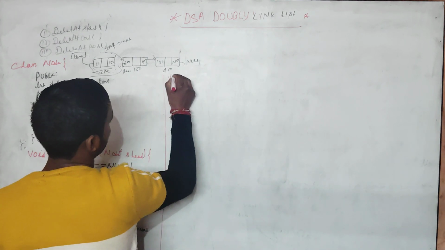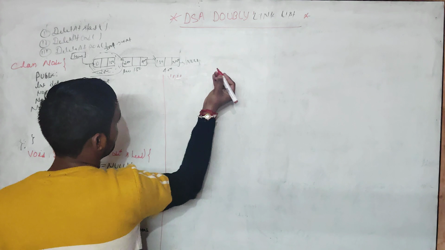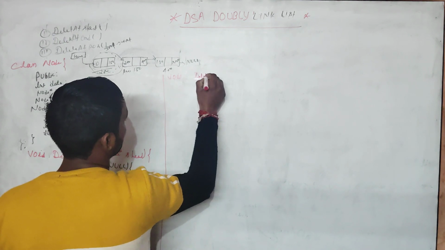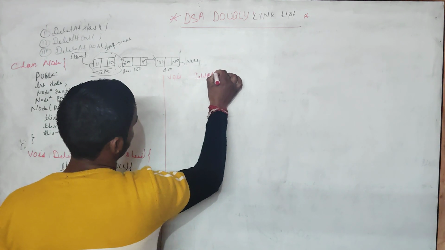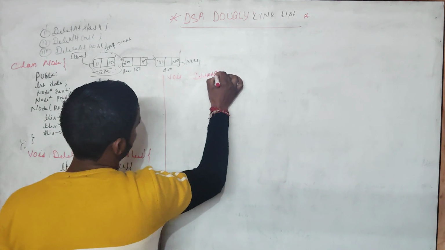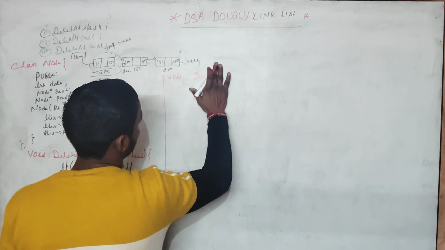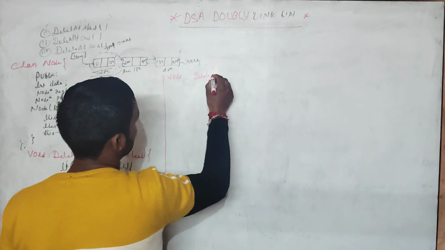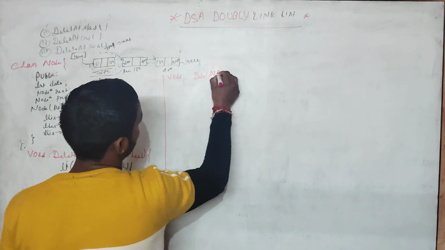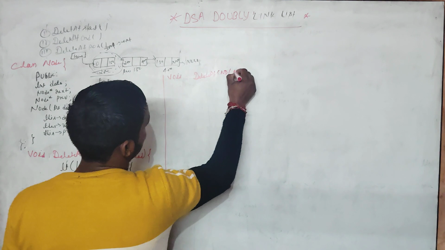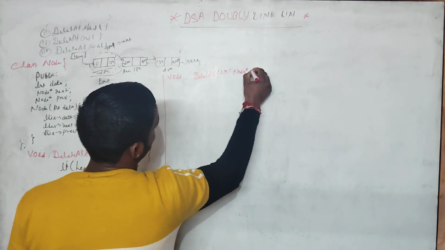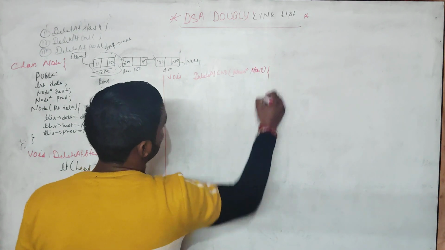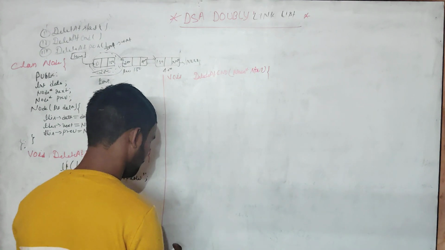Just create one void delete at end, and node, and here take a tail pointer.